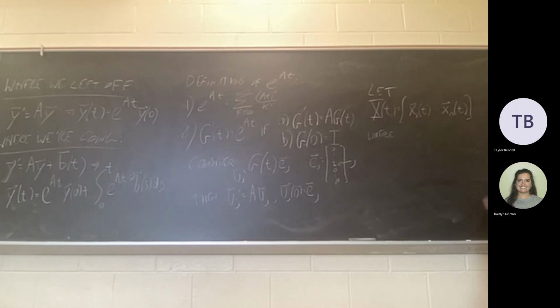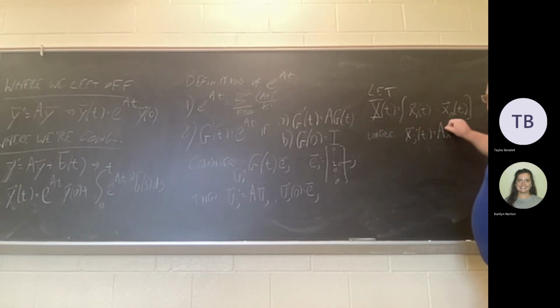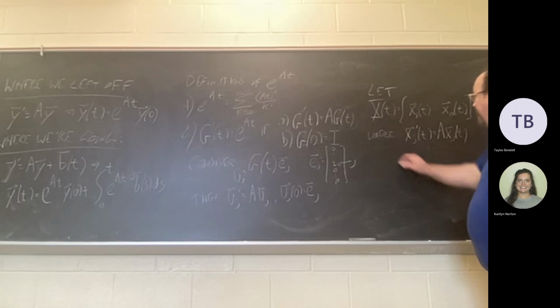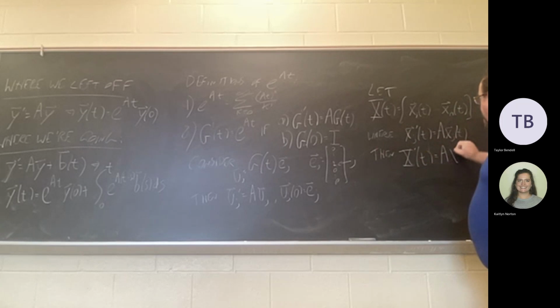And let's suppose that each column is a solution of this system of ODEs. So then I can say the following: X prime of t is equal to A X of t.